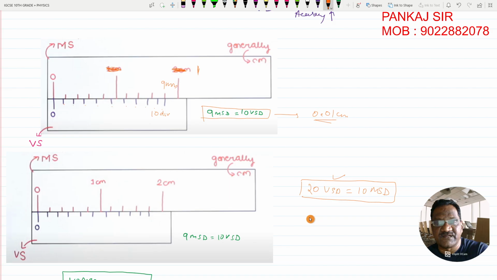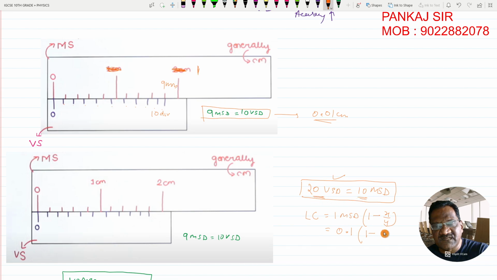The formula is least count is equal to smallest division on the main scale, 1 MSD, bracket 1 minus x upon y. So smallest division on the main scale is always 0.1 centimeter. Bracket 1 minus x upon y. Now x will be your 10 and y will be 20.